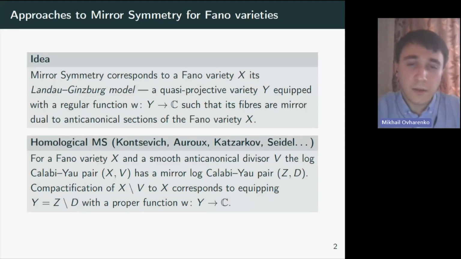And it should correspond under mirror symmetry to a mirror local Calabi-Yau pair, say Z, D. And the compactification of the complement of V to X itself should correspond under mirror symmetry to equipping the complement to the divisor D with a proper function on Y. Proper here means just with compact fibers.